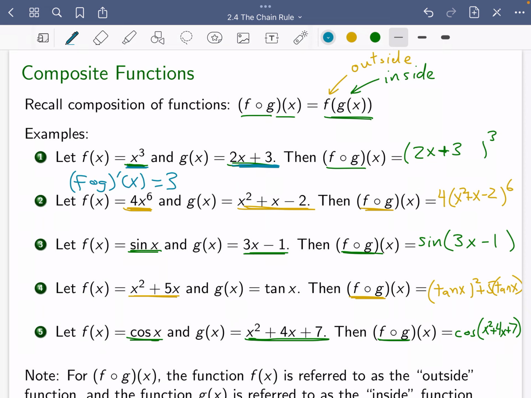Well, it is 3x squared, but the inside is 2x plus 3. And then we want to multiply by the derivative of the inside. What's the derivative of 2x plus 3? Well, that is simply 2 plus 0, or 2. And so we took the derivative of the outside, the inside stayed the same, and then we multiplied by the derivative of the inside.